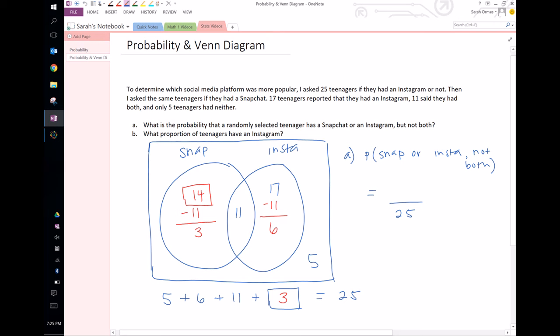So I'm looking for, I'll highlight, people that have a Snapchat or an Instagram, but not both. So that 11 in the middle, I don't want them. These people have just a Snapchat. These people have just an Instagram. Neither of them have both. So we're going to add those together. We get 9 over 25, which is 0.36. Okay? That was part A.